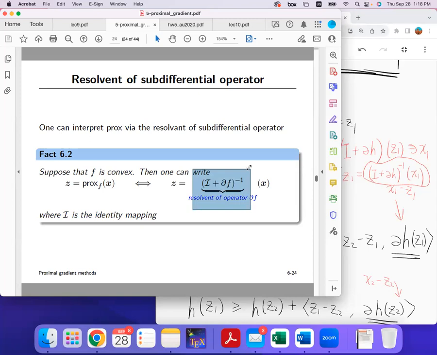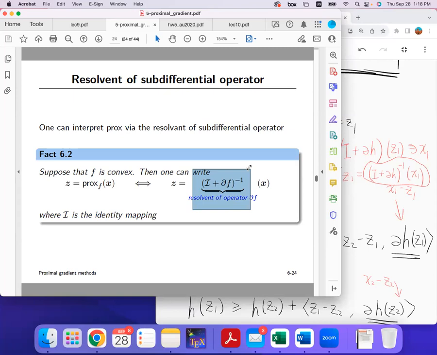And this operator is actually the core of modern optimization. We will see in the next several lectures that many algorithms start from this point, and then we can derive the form of many complicated algorithms, operator splitting algorithms.